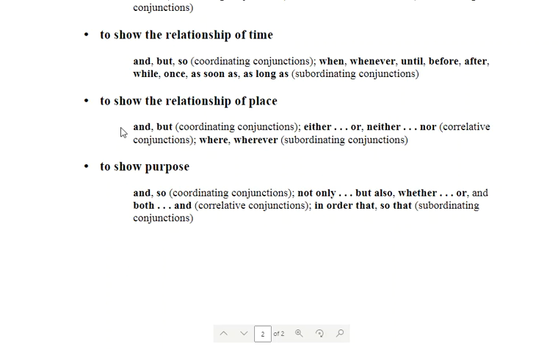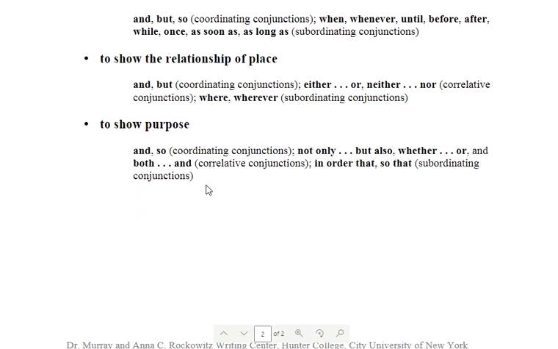To show the relationship of place: and, but, either or, neither nor, where, wherever. This is for place. To show purpose: and so, not only but also, whether or, both and, in order that, so that.